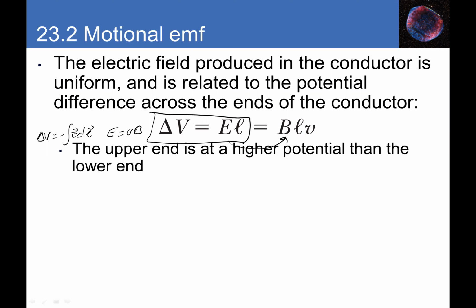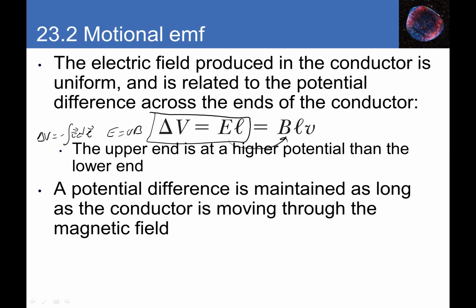The upper end is at a higher potential than the lower end, and the potential difference is maintained as long as the conductor is moving through the magnetic field. At the start, delta V is 0 because the velocity is 0, for example. So it depends on the moving conductor.